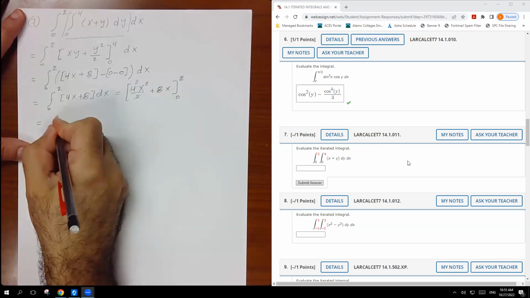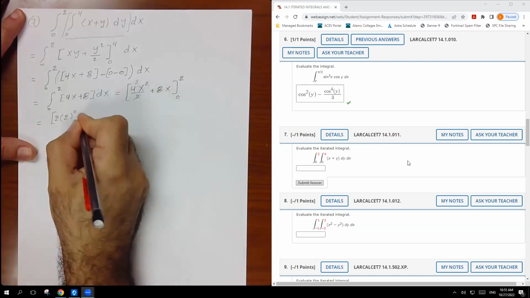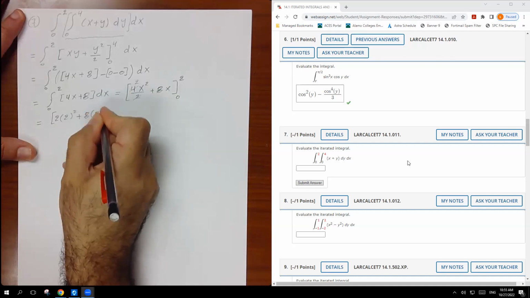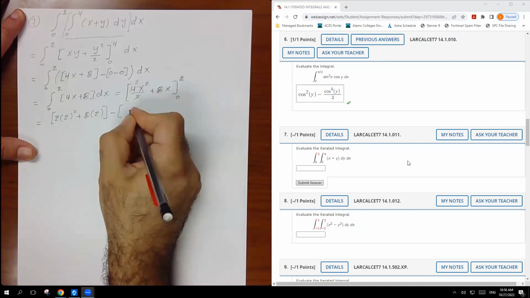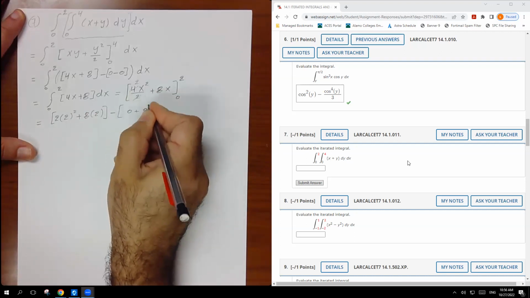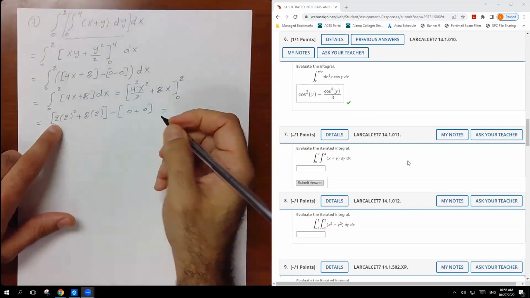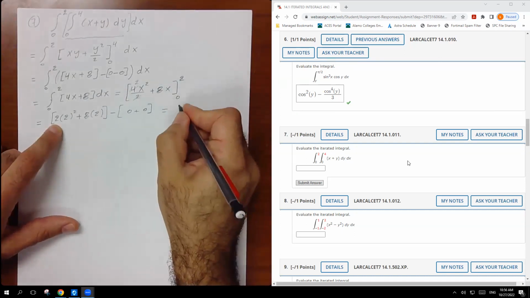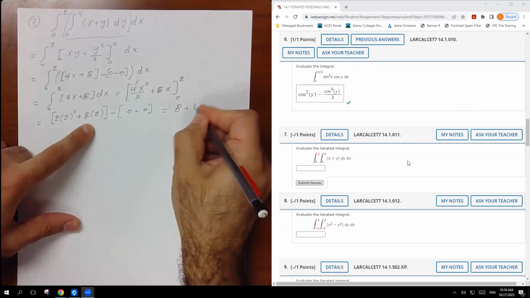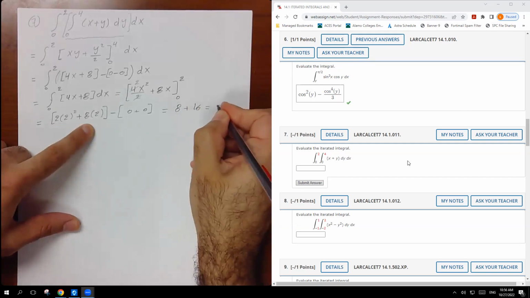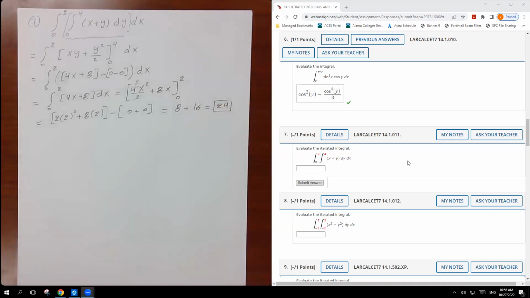So it's going to be 2 times 2 squared plus 8 times 2 minus, plug in the 0, which is 0 plus 0. And then the result is going to be 4 times 2, it's going to be 8 plus 16. It's going to be 24. We're done from this example.